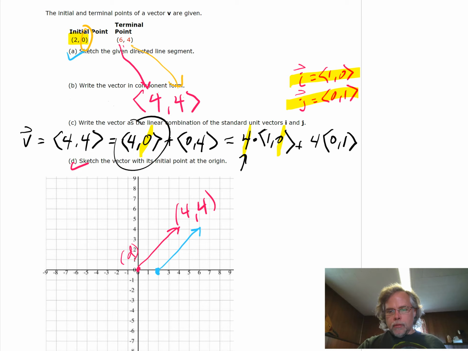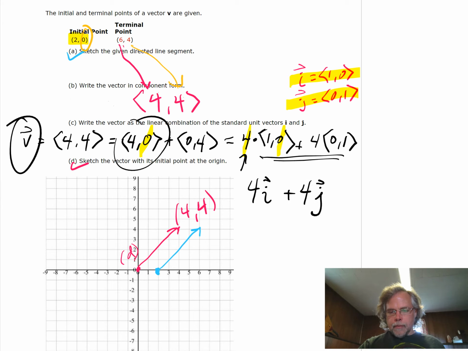So these two vectors are now in the form of this vector v, which is where this whole thing started, that's i and j. So we can write this as 4 times vector i plus 4 times vector j. And that's the answer to part C, right?